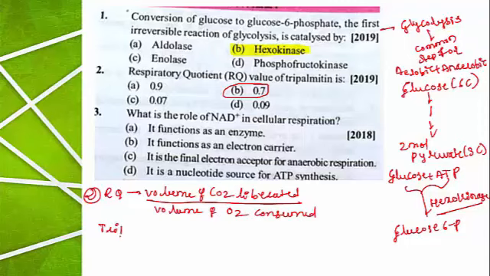Tripalmitin is a fatty acid. It is the name of a fatty acid, or it is a kind of fatty acid, and its formula is C51H98O6.